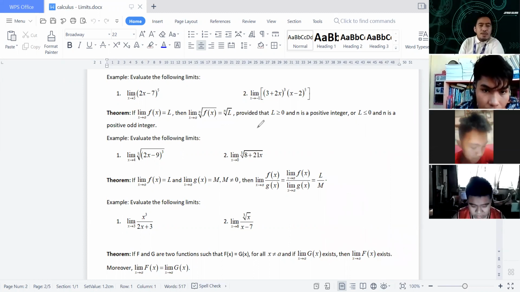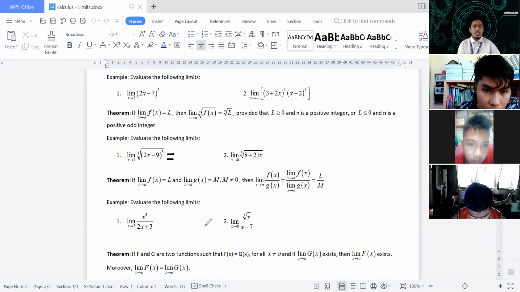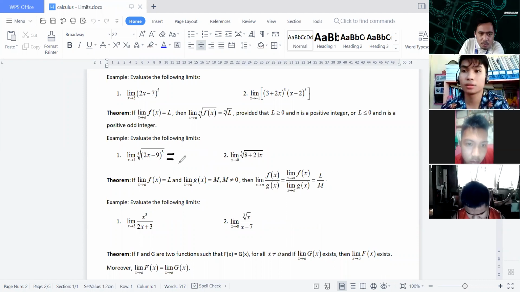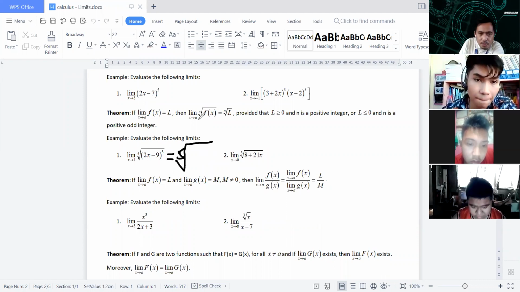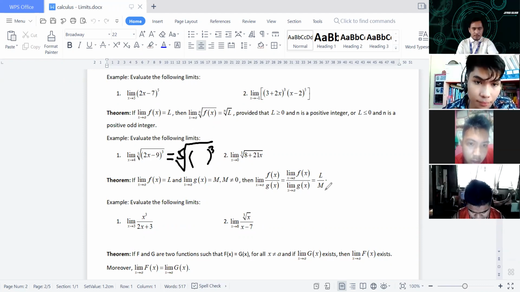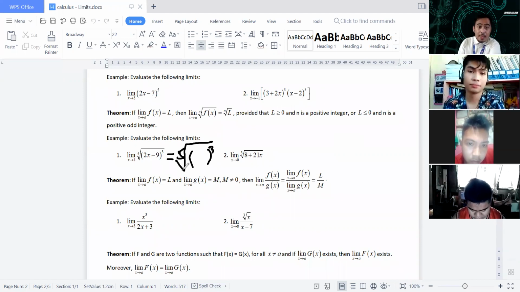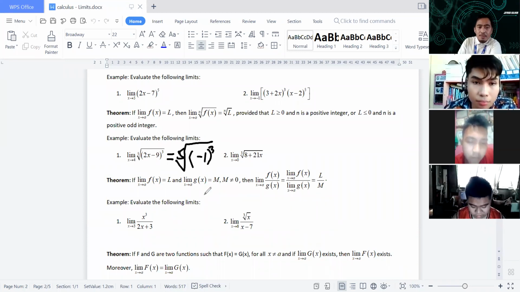So let us have this one. What's the answer here? Negative 1, sir. Because here it will be a fifth root. You apply this rule and the exponent. What's the answer inside first? The function inside is negative 1, because you have 8 minus 9, right?